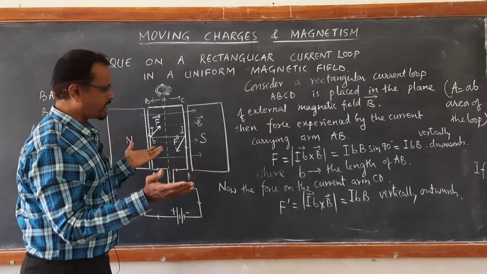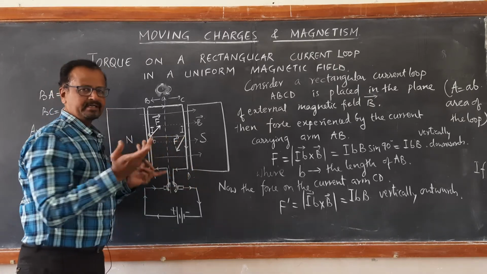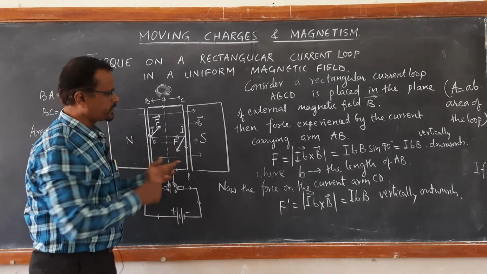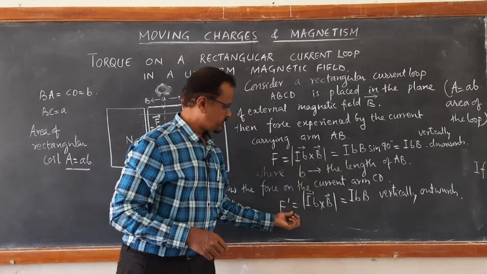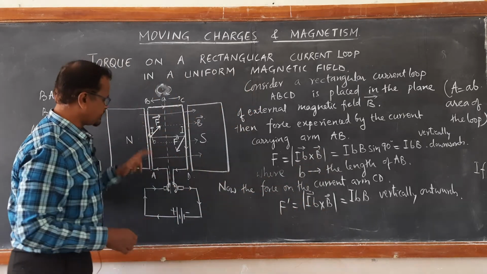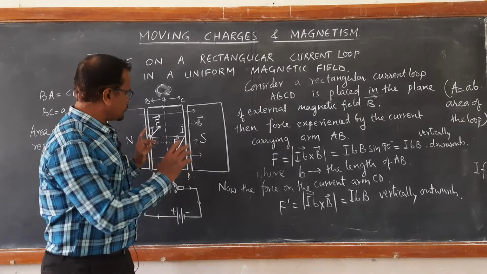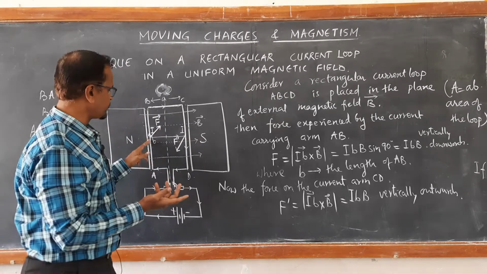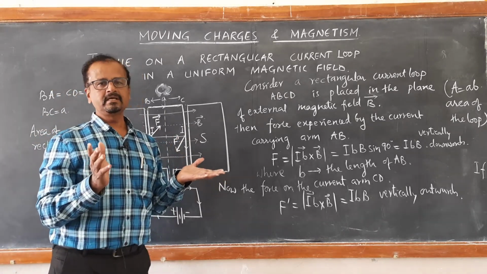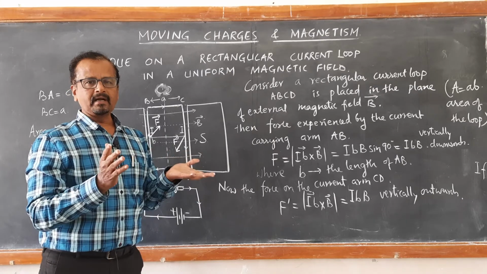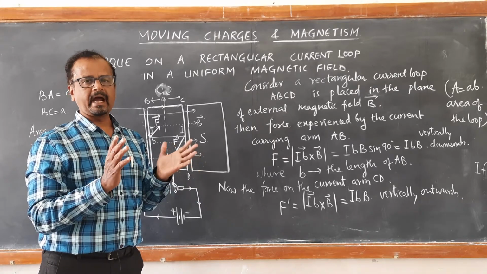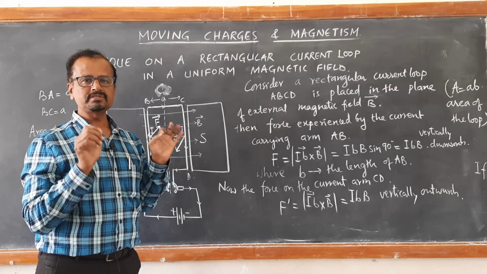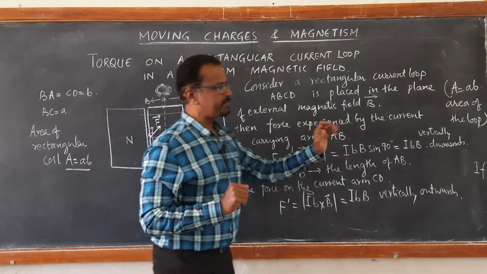The value of torque can be calculated as the magnitude of either of the forces, either F dash or F. The magnitude is the same, IBb, where small b is the length of this arm, into the perpendicular distance. The perpendicular distance between the two forces is a itself. So, two anti-parallel forces, acting in equal and opposite directions with the same magnitude at different positions, constitute a torque. So, torque can be calculated now.